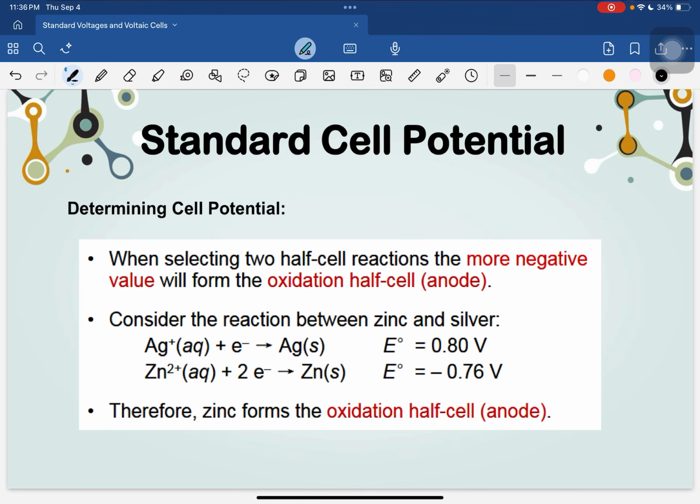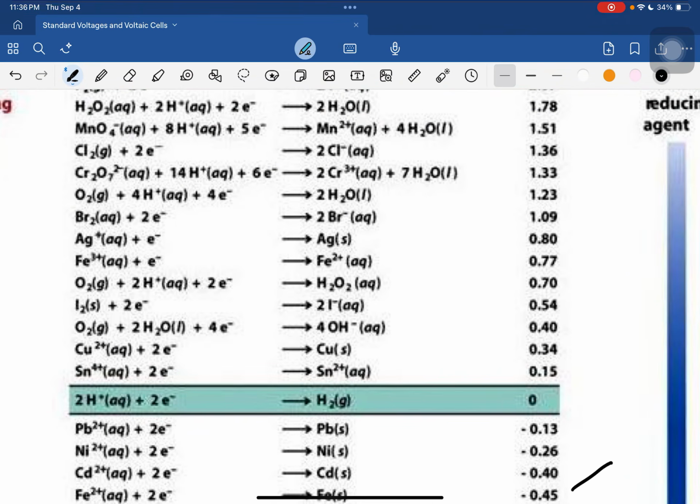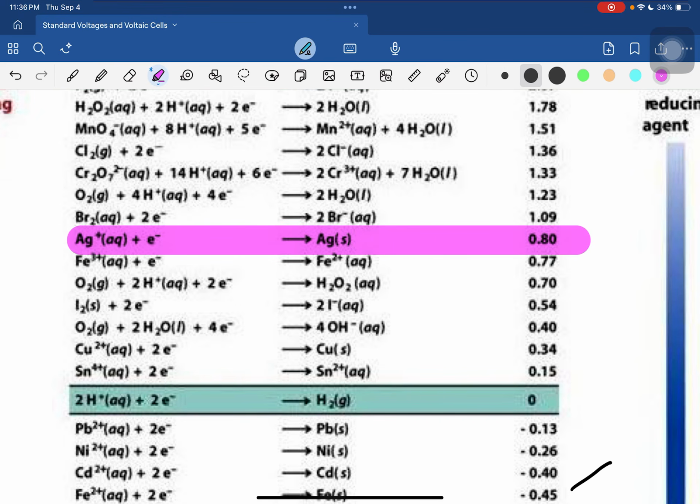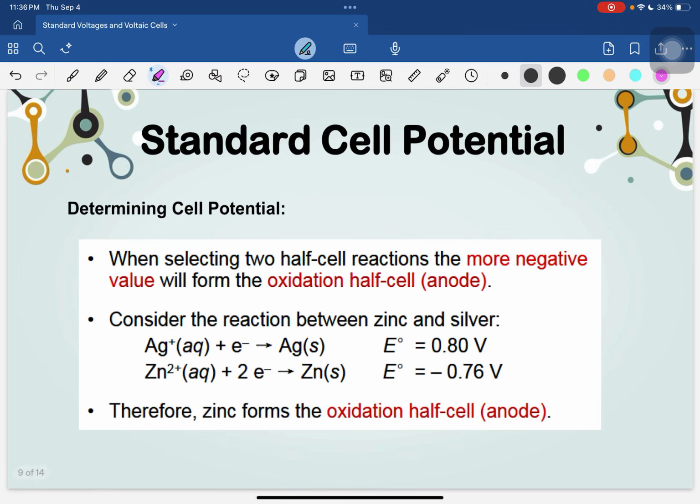So let's go to the standard cell potential table. So this is silver. Let's validate that. Let's look for silver. So this is silver, and that's 0.8. And the other reaction is zinc.